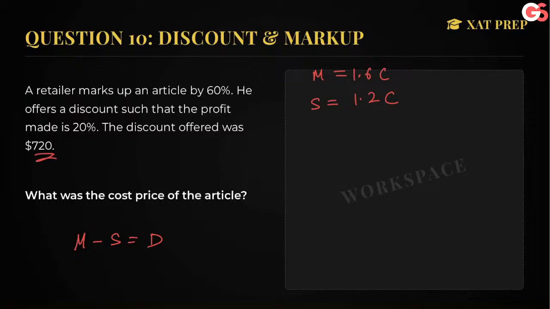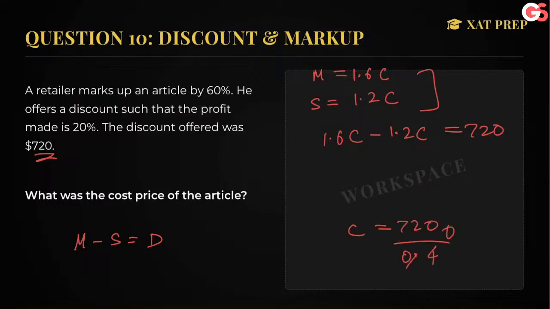So 1.6 C minus 1.2 C is 720. I'll get the cost price directly, that is 720 upon 0.4, which gives you 1800 as the final answer. I hope all of you got that. This is the answer.